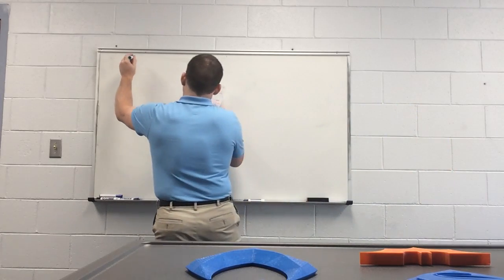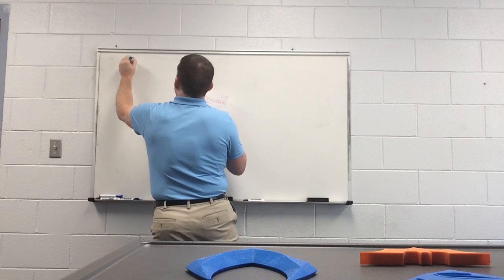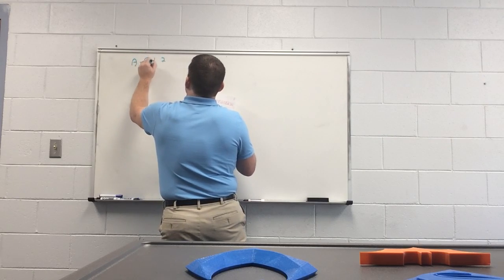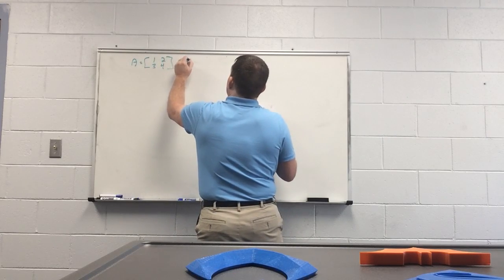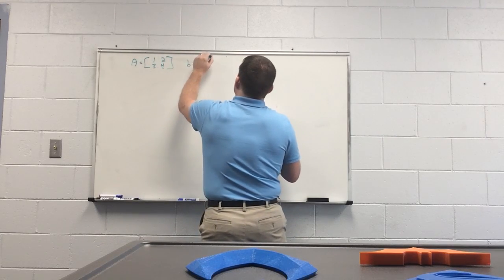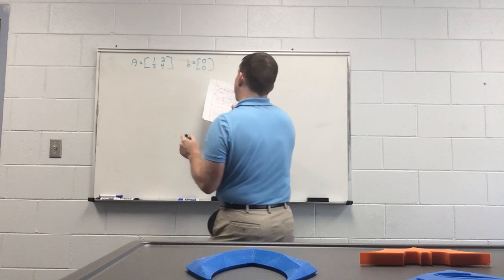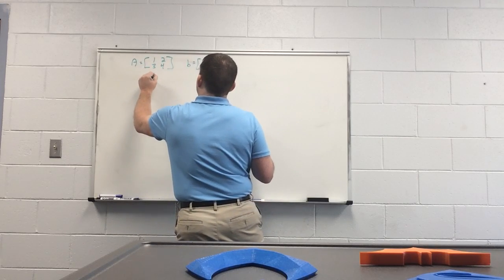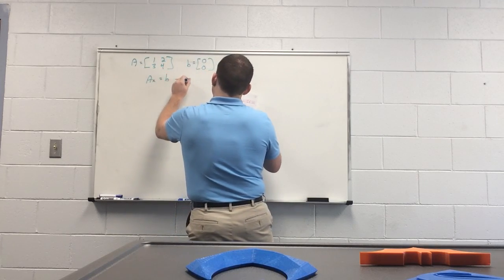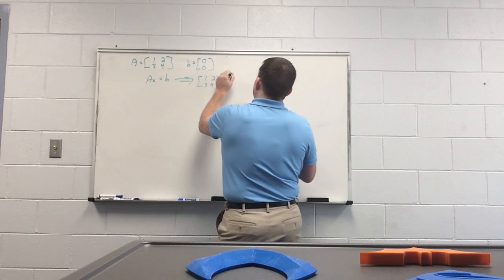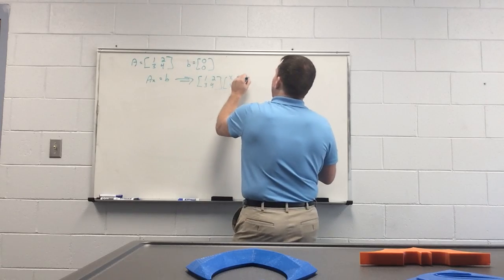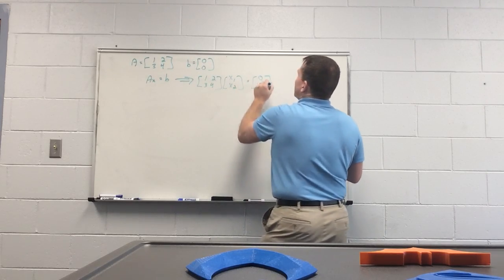Suppose I have, we'll go back to the standard, 1, 2, 3, 4. B is equal to 0, 0, my 0 column vector. AX equals B just means 1, 2, 3, 4 times x1, x2 is equal to 0, 0.